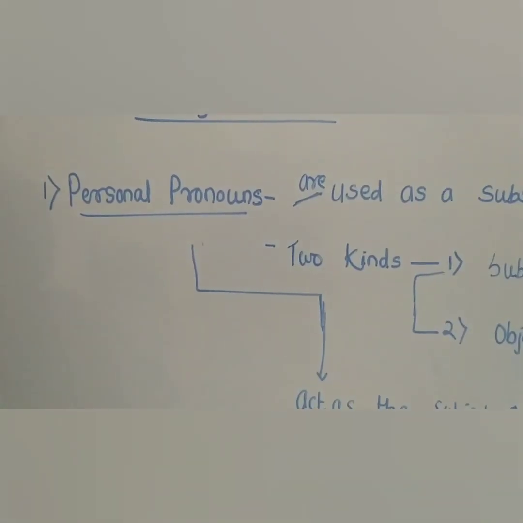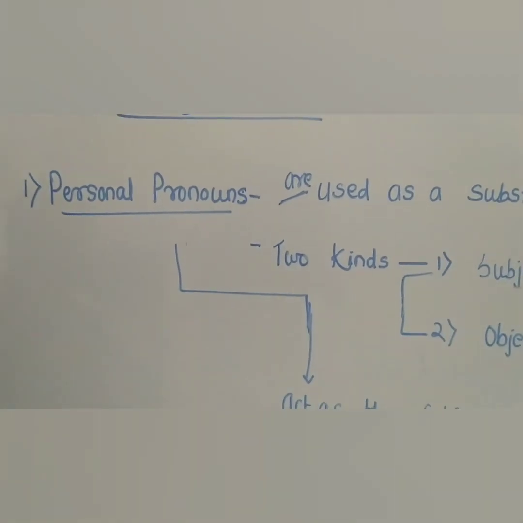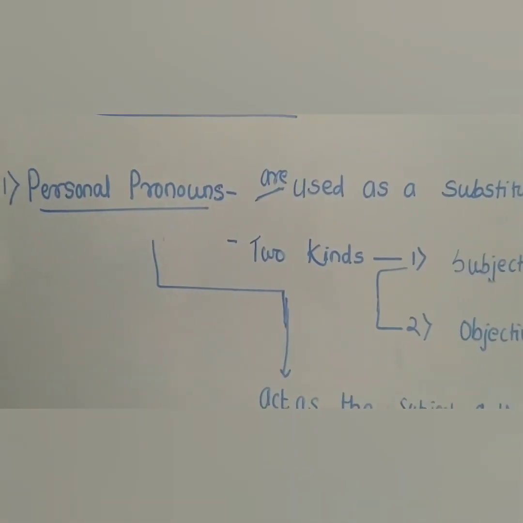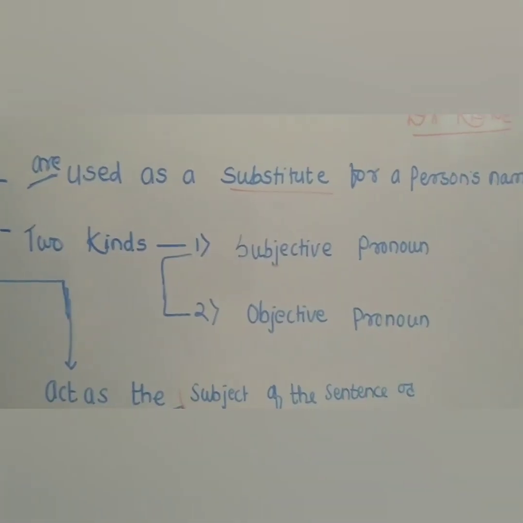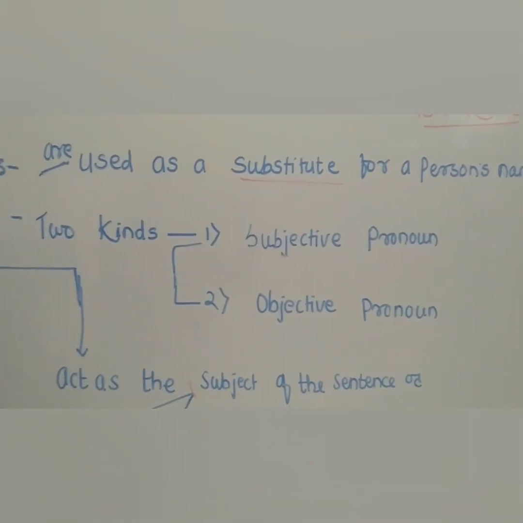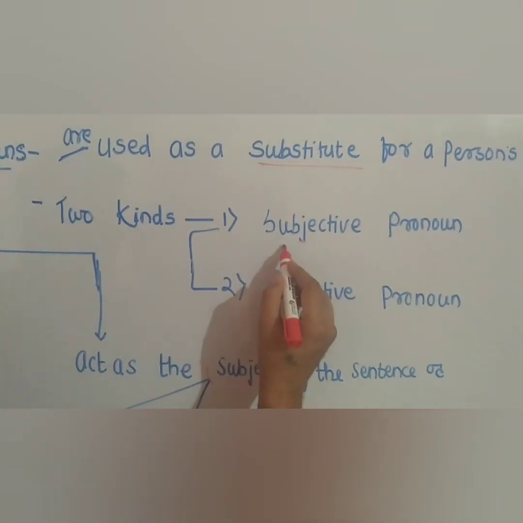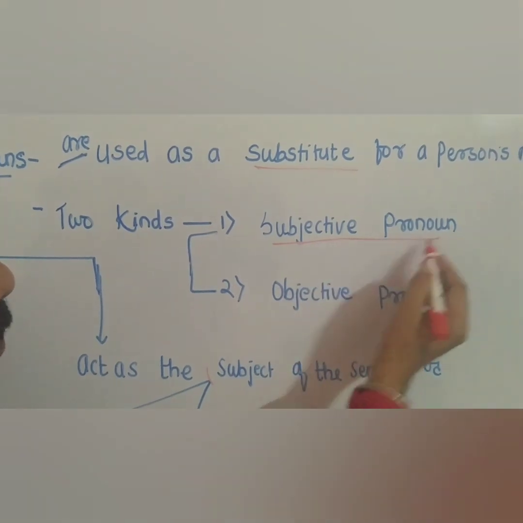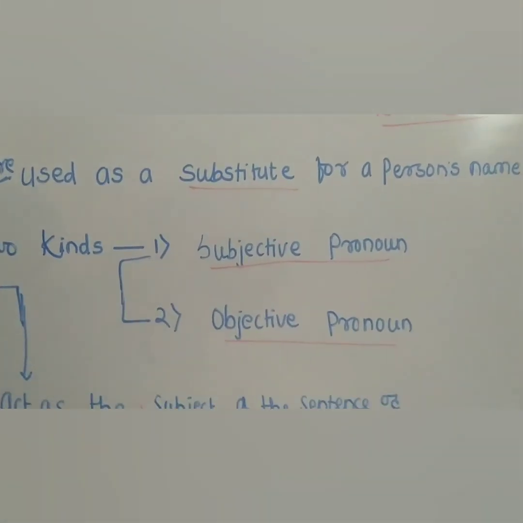Now see the types of pronouns. The first one is personal pronouns. Personal pronouns are used as a substitute for a person's name. There are two kinds of personal pronouns: one plays the role of subjective pronouns, and the second plays the role of objective pronouns.